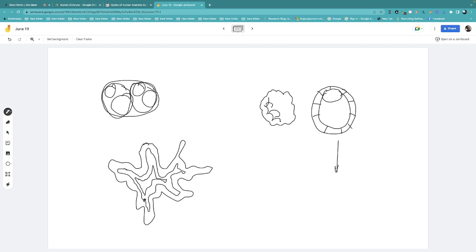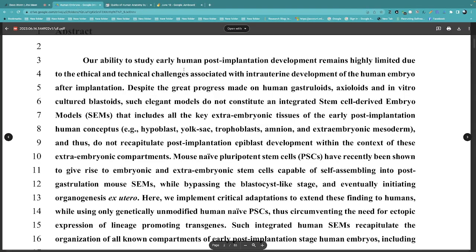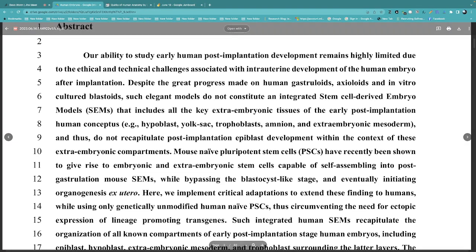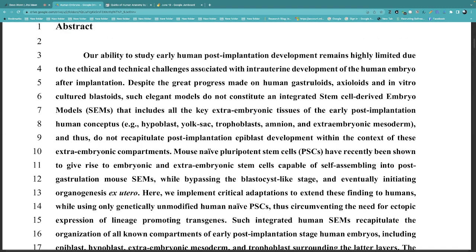You can get cell signaling between different cell types, and so that's the organoid work. Now this is actually creating embryos, and so they're talking about some of the work that they're doing here.